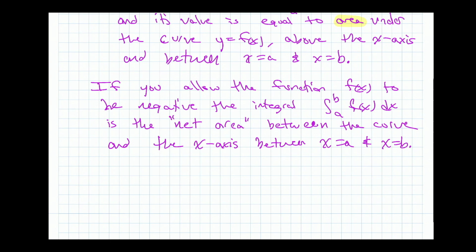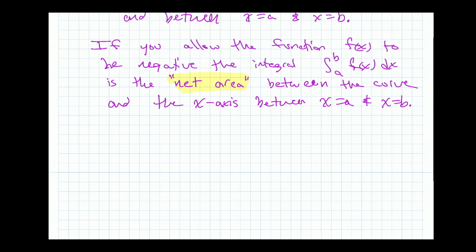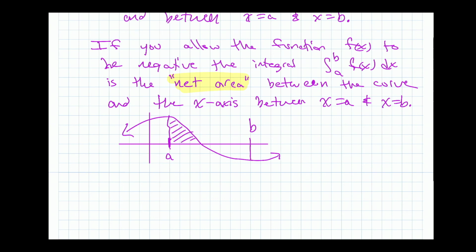What does the net area mean? Well, when you draw it, let's say your curve does this, and we put the a here and the b here. Then the net area is going to be this: you calculate this area here, and you calculate this area here.